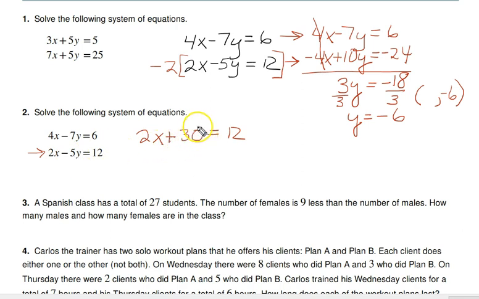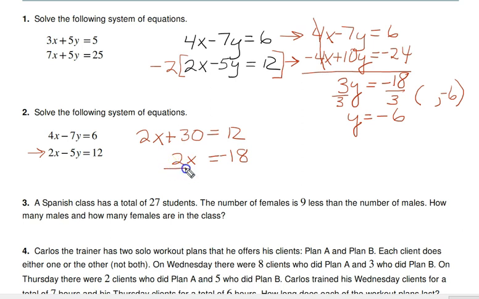Now I'm going to subtract 30 from both sides, and I get a negative 18, and then I have 2x equals a negative 18. So on this side, the 30 becomes a negative 18, negative 30, I get this.